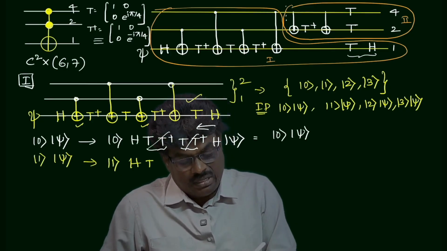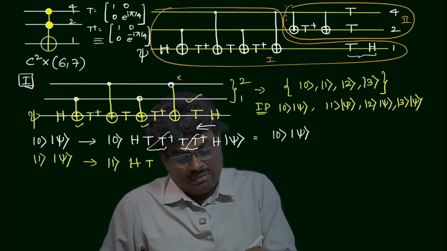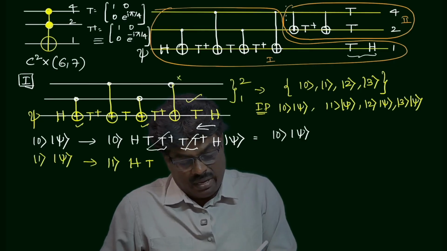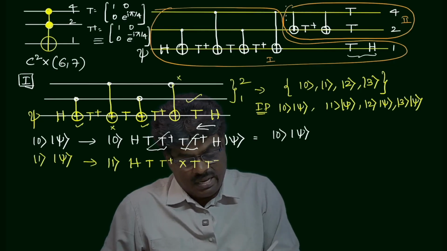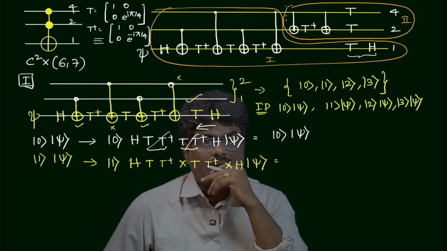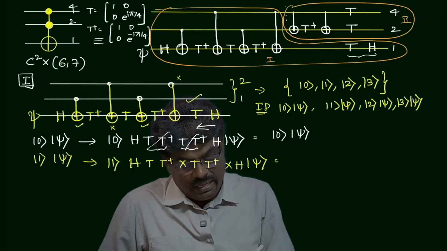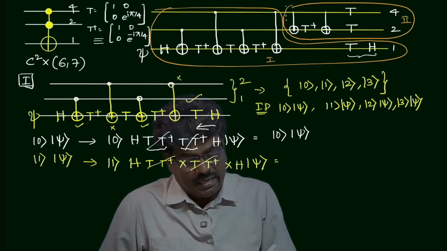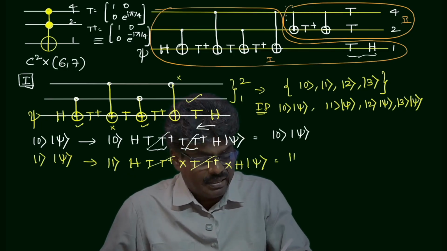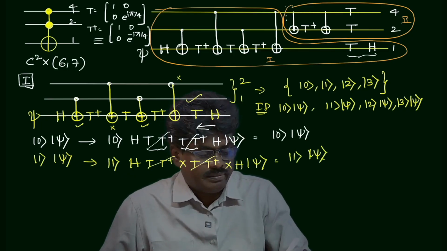H T, this is off, so no X and a T dagger, yeah, this time it is X. I hope you understand. This one no, next one no, next T dagger, next one is X, H, psi. Now carefully observe. So again here we have T dagger X X I H H I, that is 1 psi.